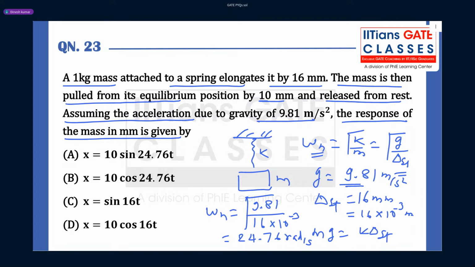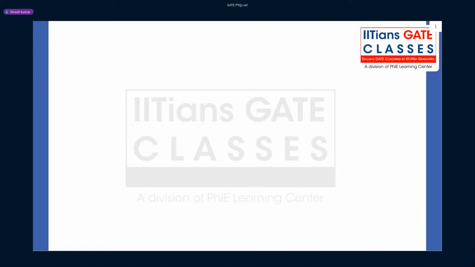Correct. Now once you know omega n, people have confusion whether the response should be sinusoidal or cosine. Whenever you take the case of free vibration, you can start either with a sinusoidal solution or a cosine solution, but the final solution will depend on the given initial conditions.